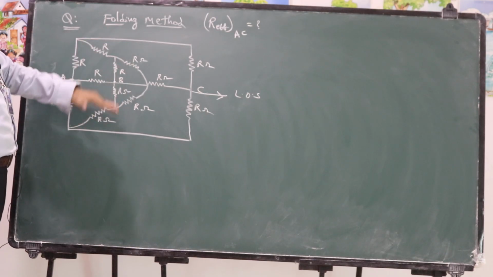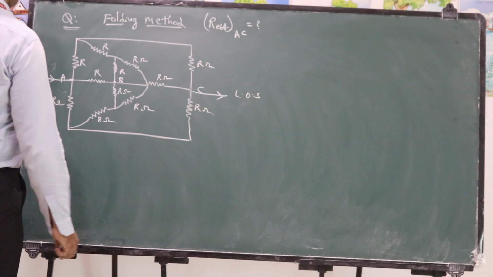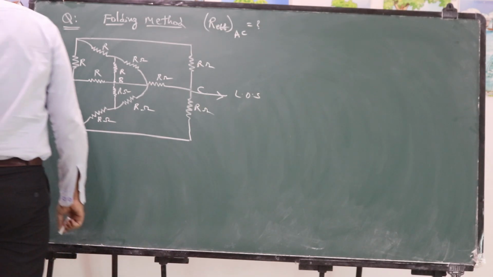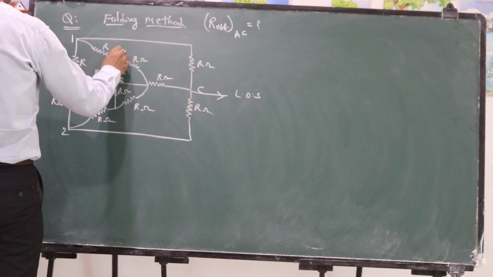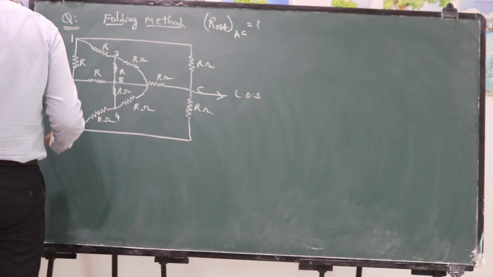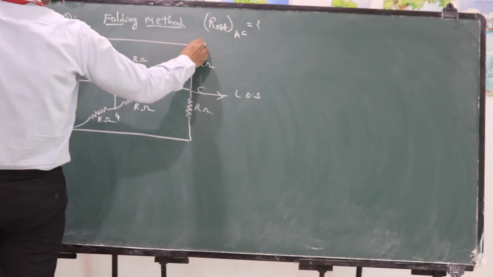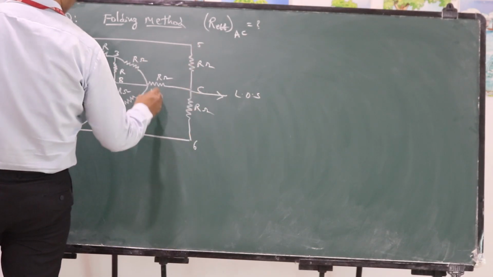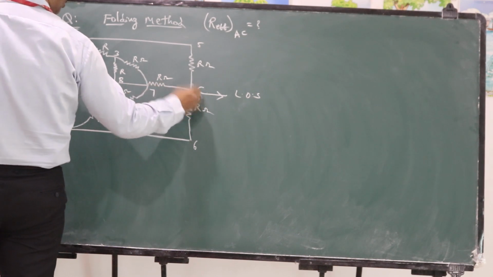It is like a mirror image of the upper part. So clearly, if I give some terminal names 1, 2, 3, 4, 5, 6, 7, 8 like this.